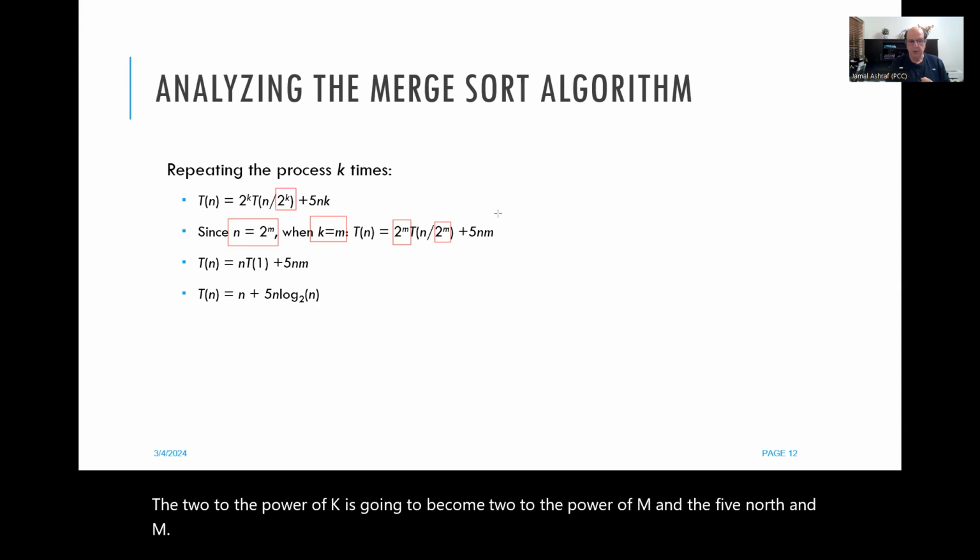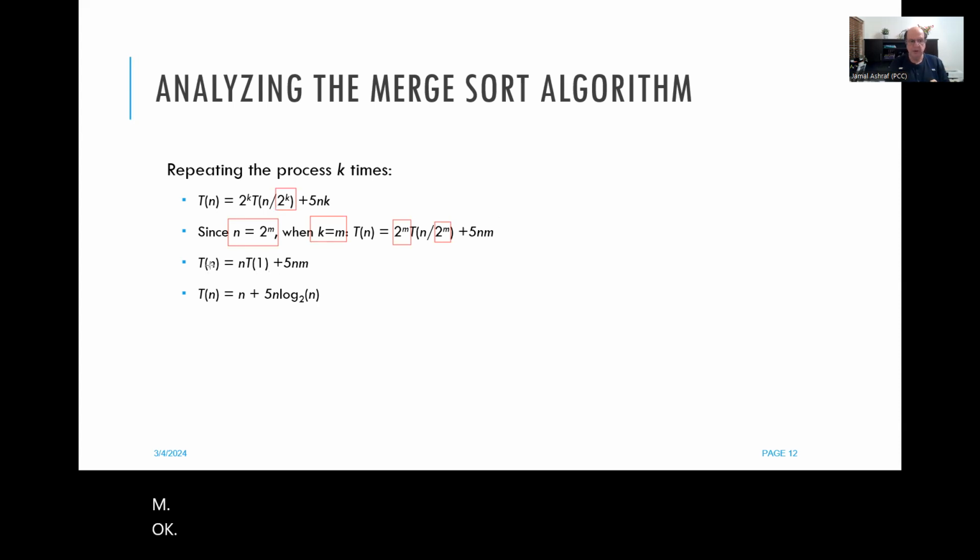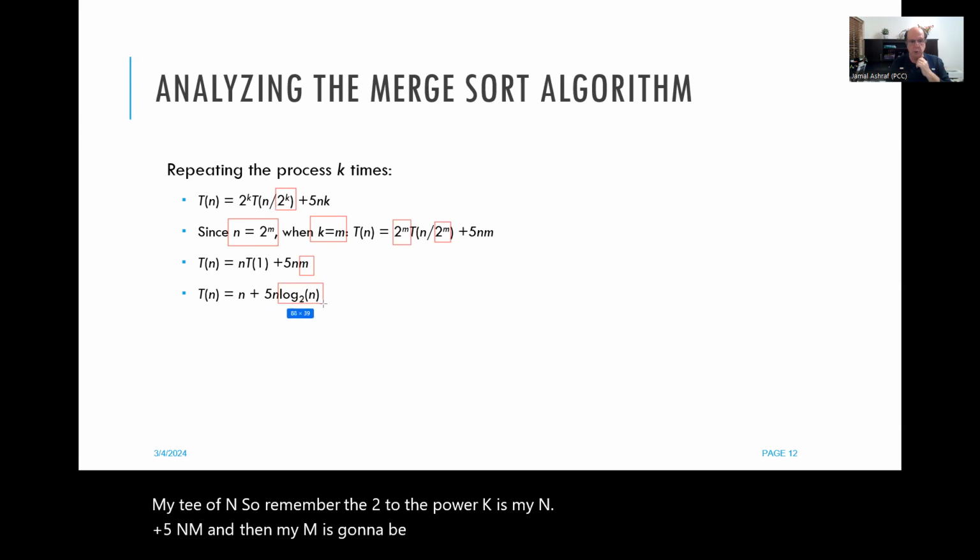Now, my T of n, remember the 2 to the power of k is my n, plus 5nm, and then my m is going to be log 2 of n.